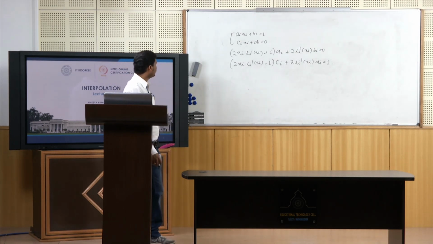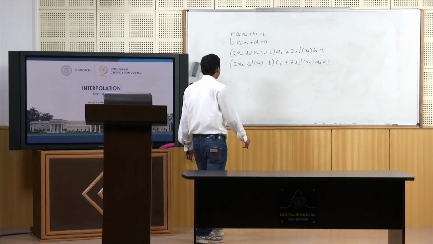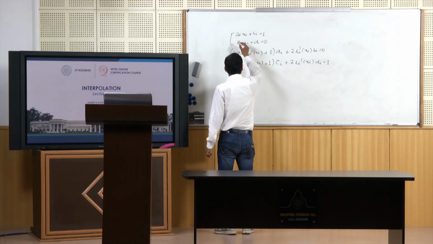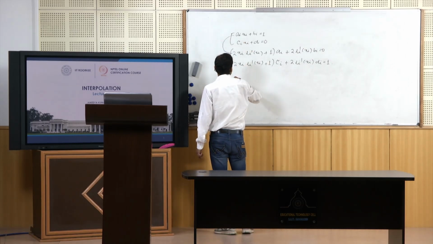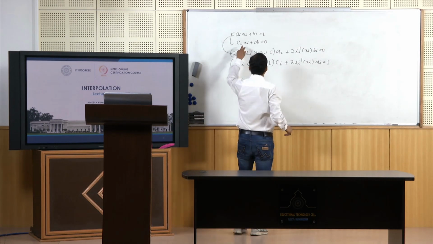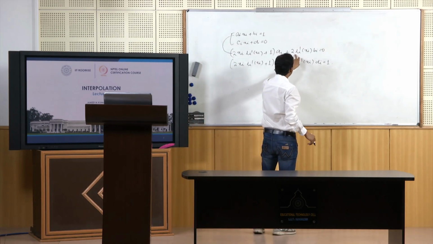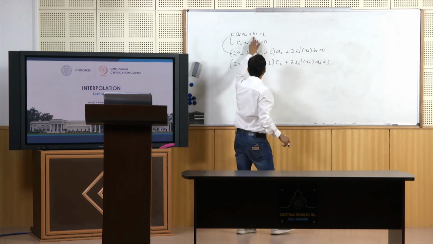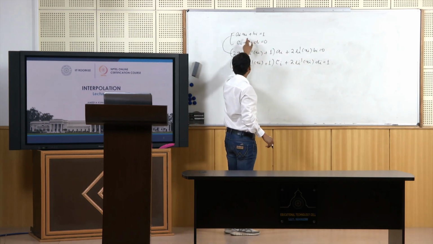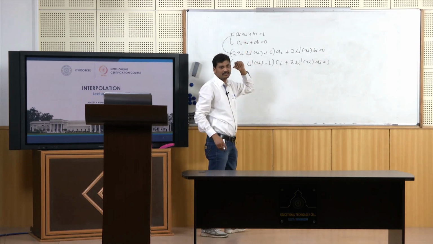So first, if you will just try to eliminate ai and bi from these two equations here, then directly, since this is a 2 li dash of xi is there, if you will just multiply here 2 li dash xi in this equation, and if you just subtract, then we can obtain the coefficient for ai first.